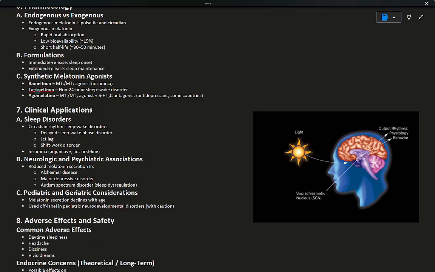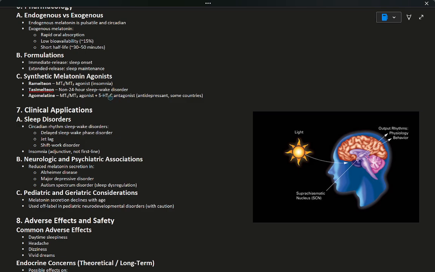We also have Tasimelteon, which can be useful for treating a non-24-hour sleep-wake disorder. And then we have agomelatine, which is an MT1 and MT2 receptor agonist, along with a 5-HT2C antagonist.